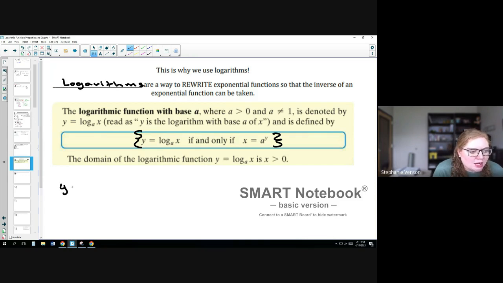So if you have y equals log base a of x, that is the same as x is equal to a raised to the y power. So you can rewrite this logarithm as this exponential, or you can rewrite this exponential as this logarithm.